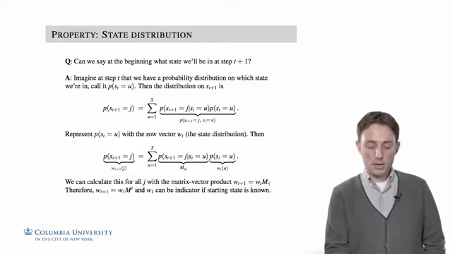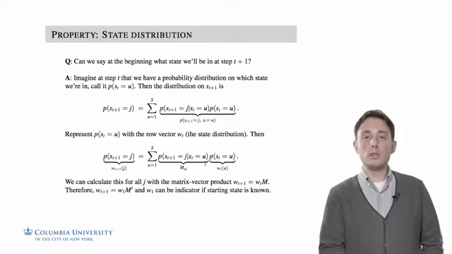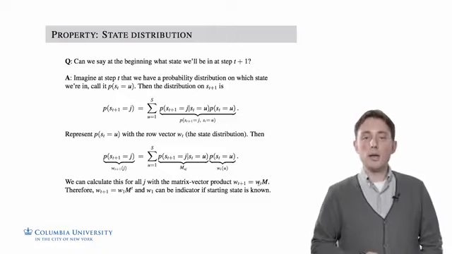It's taking this vector times this matrix. It's just two different notations to represent the same thing. So we take the row vector w_t, we multiply it by M, and we get the distribution at t plus 1.